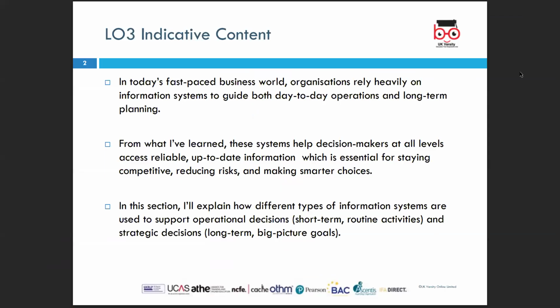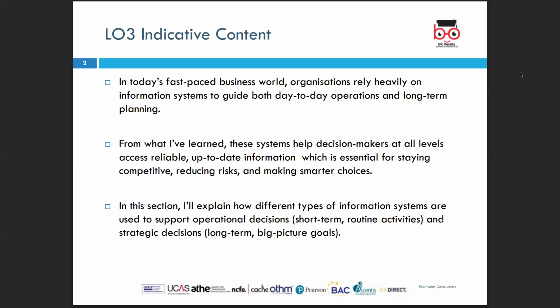So looking at our indicative content. We know now that in today's fast-paced business world, organizations heavily rely on information systems to guide them both on their day-to-day operations and also for the long-term planning.